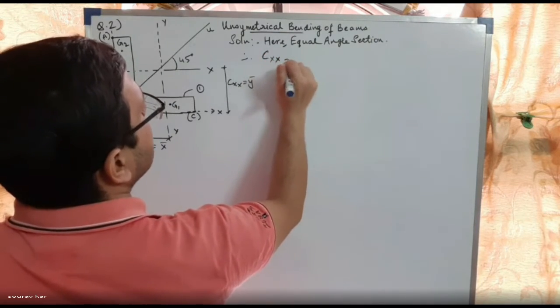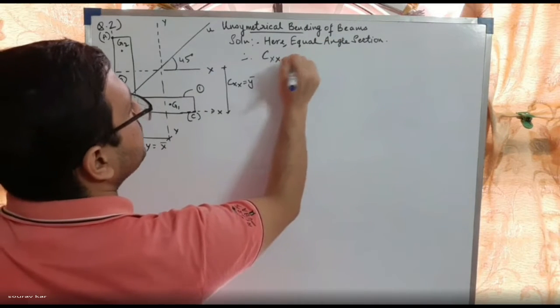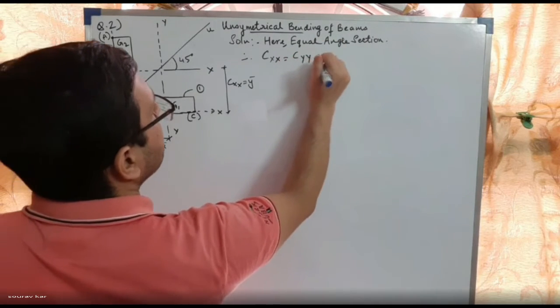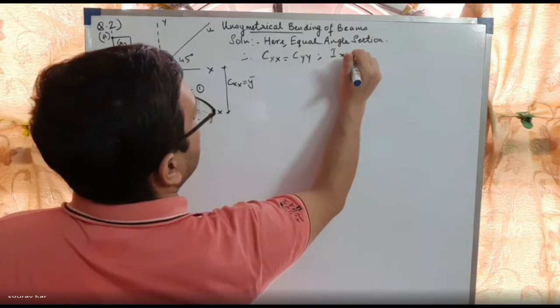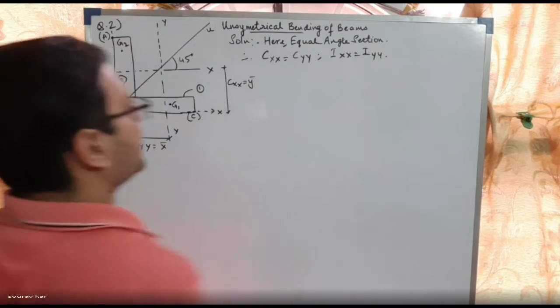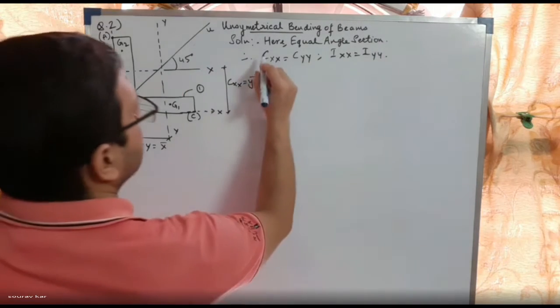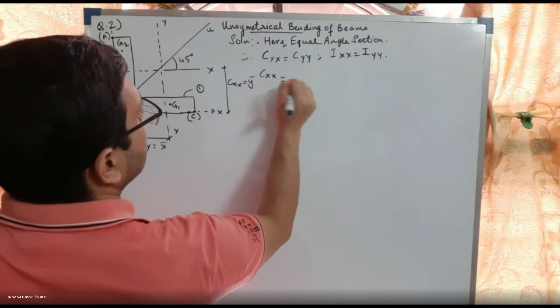So let us start. CXX. For an equal angle section, we know that CXX and CYY are the same, and also the moment of inertia IXX and IYY are both the same. So let us start with CXX.